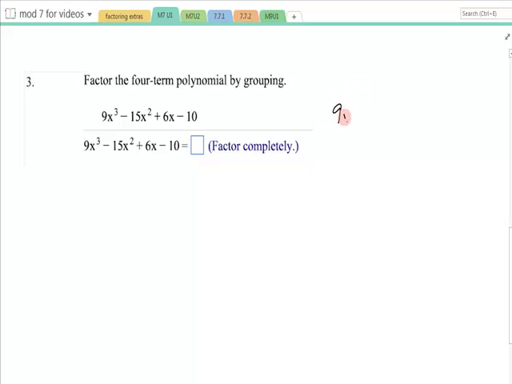I have 9x to the third minus 15x squared plus 6x minus 10. I look at it and I see that there is not anything in common in all the terms. So since there are 4 terms, I will try grouping, and hopefully there will be a common factor in each little group.